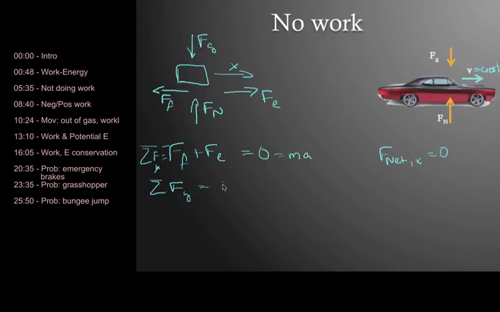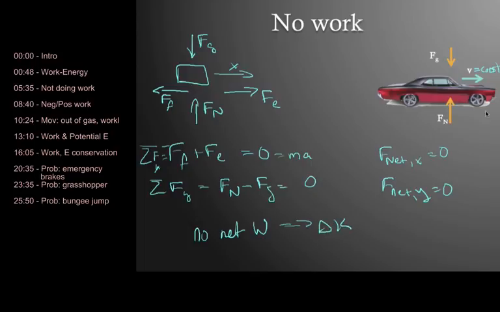In the Y direction we have Fn minus Fg, and that's also going to be 0. So this F net in our Y direction is also 0. So there's no net work done on this car. And another way that we could see this is that work is the change in kinetic energy. And since this car isn't changing its velocity, its kinetic energy can't change.